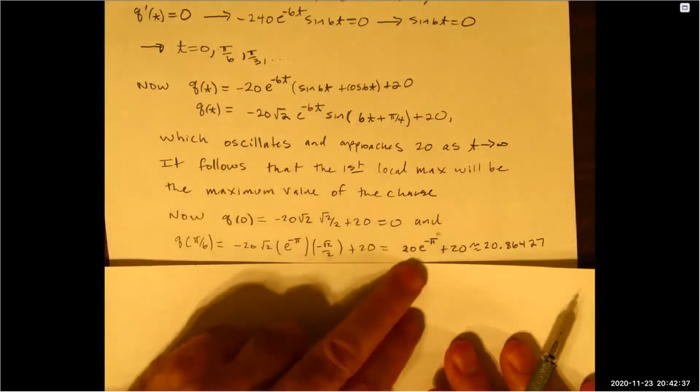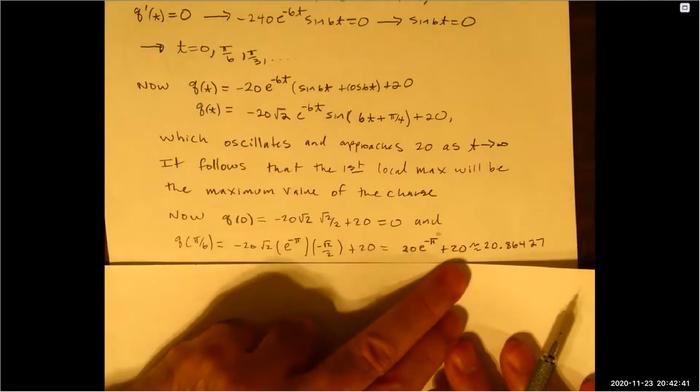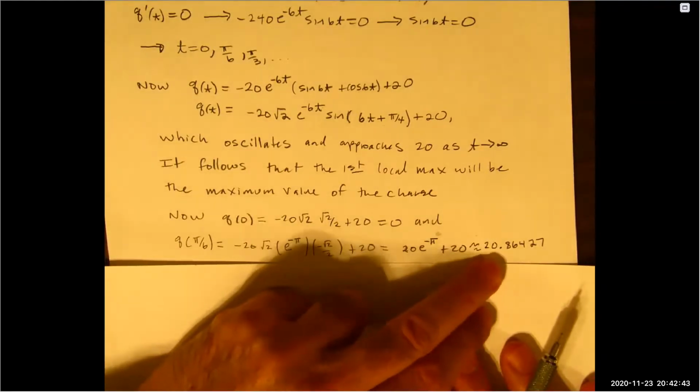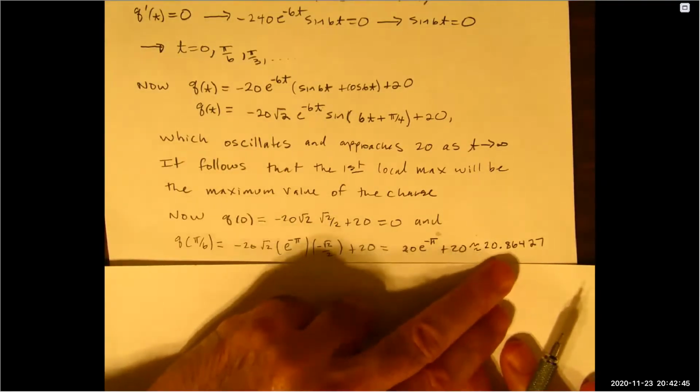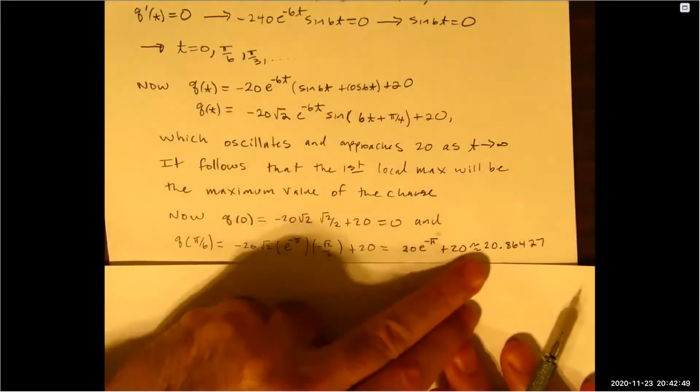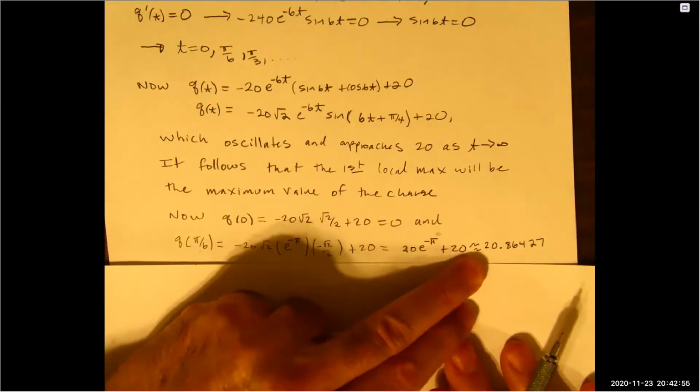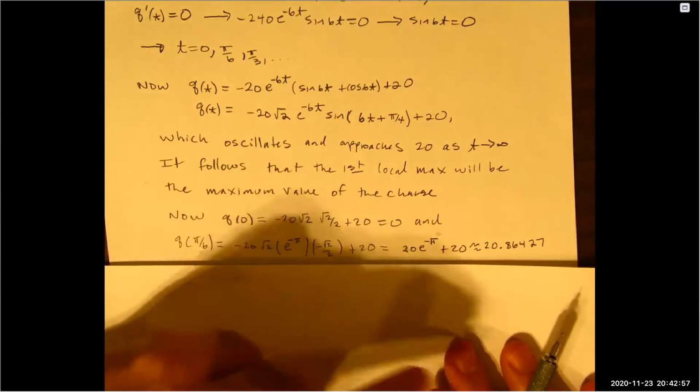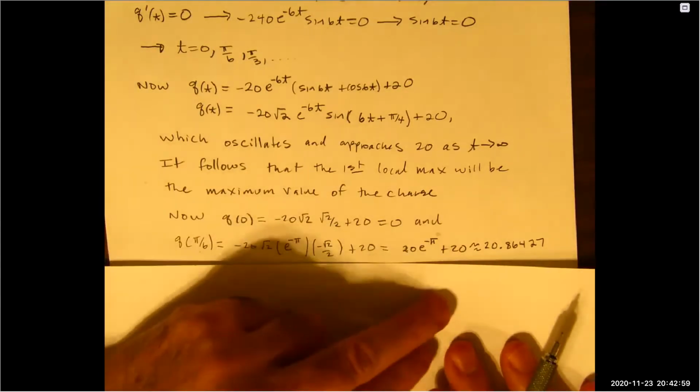So this is going to come out to be 20 e to the minus pi plus 20, which is 20.86427. You can see that this number is greater, and so this is going to be the first maximum, which is going to be the absolute max, because after that, the next maximum is going to be smaller, closer to 20.